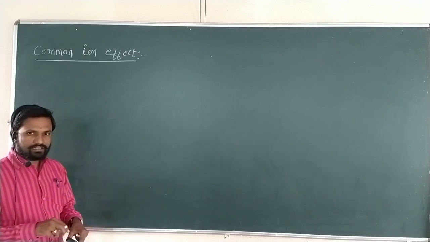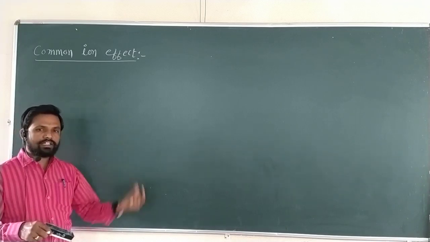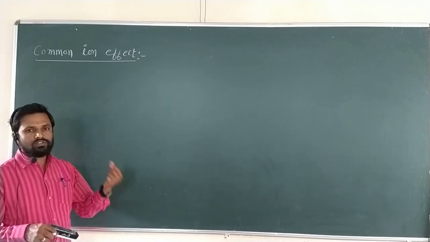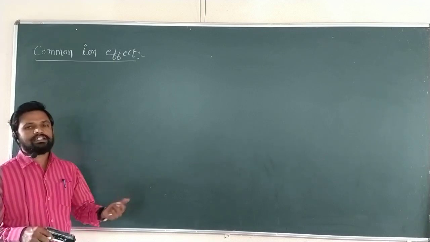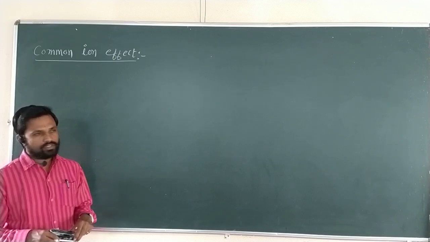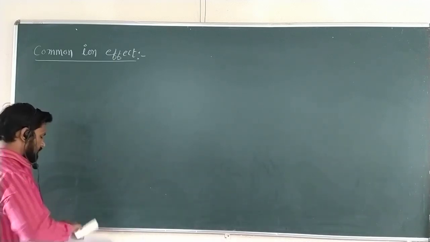With that, the equilibrium of that weak electrolyte shifted towards the left hand side is known as the common ion effect. Here I write first what is the common ion effect.